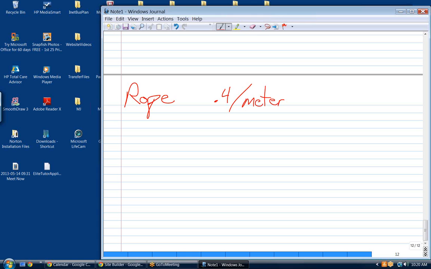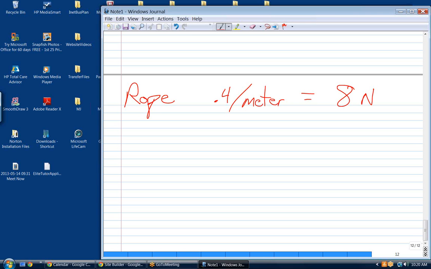So the total weight of the rope at the beginning of the lift is 20 times that. So the weight of the rope begins at 8 newtons. But that's when the bucket's on the ground, and it ends at 0 newtons, because by the time you've lifted the rope all the way to the top, the remaining part of the rope is 0.